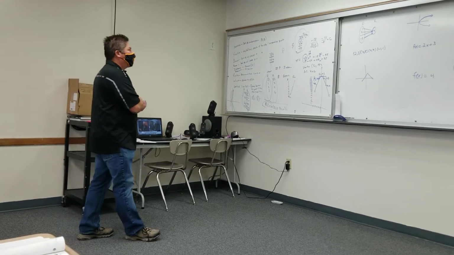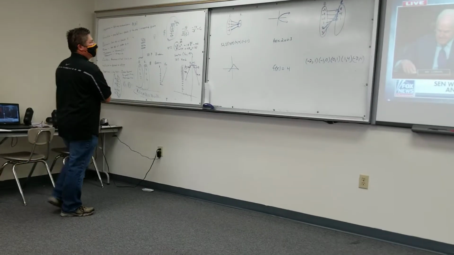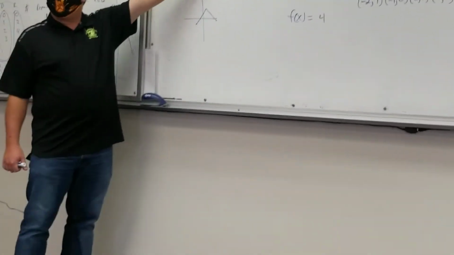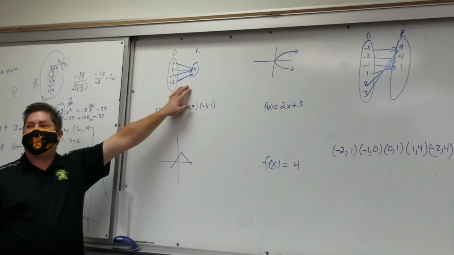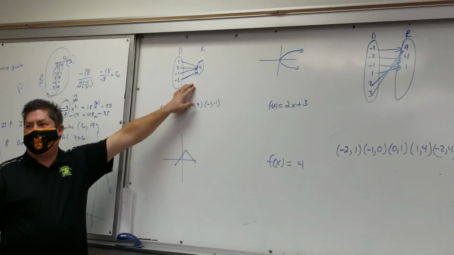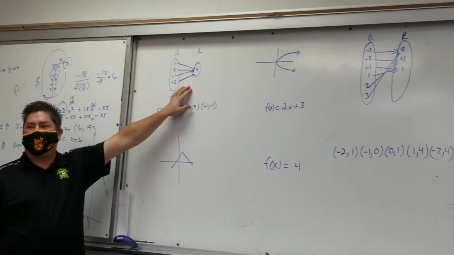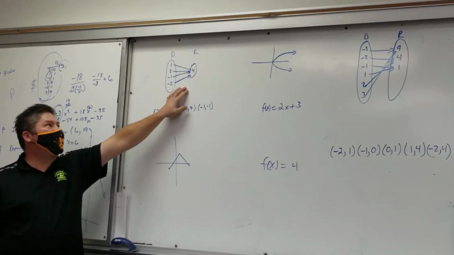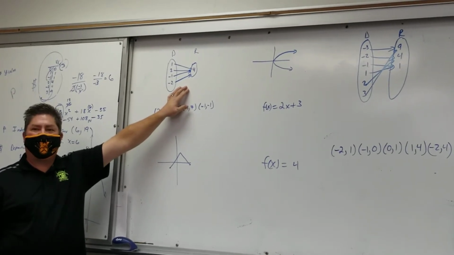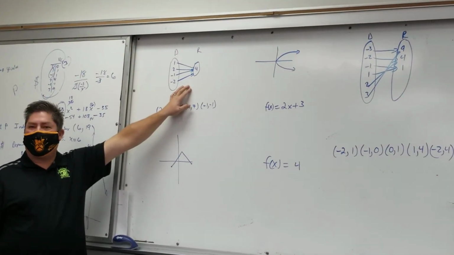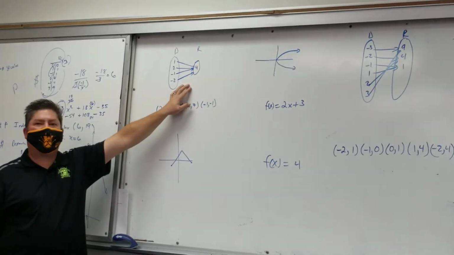Tristan, is the first one just a relation or is it a function? This one right here. Is it a relation or is it a function? And how do you know? Okay, how am I going to tell if this is a relation or a function? Seth, how am I going to tell? This is from last time. Go ahead, Jacoda. If it's got more than one.